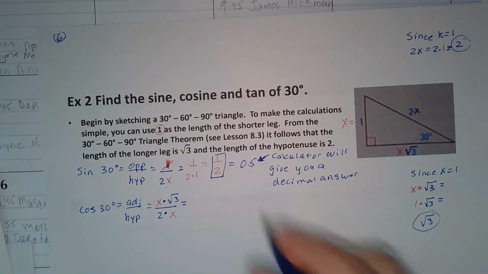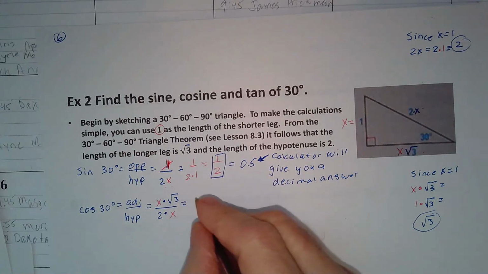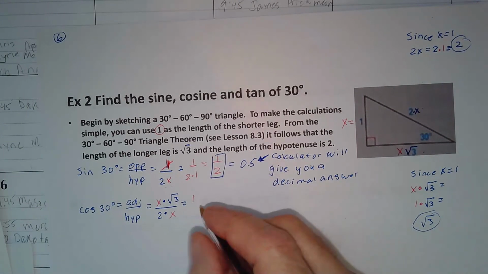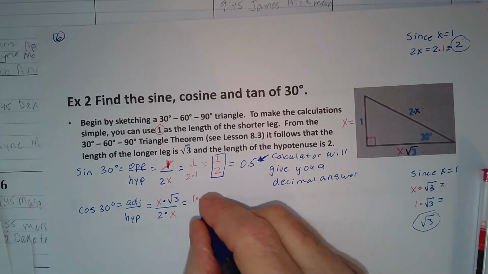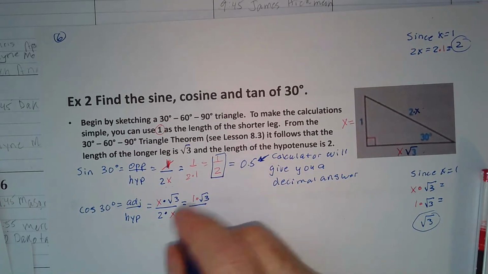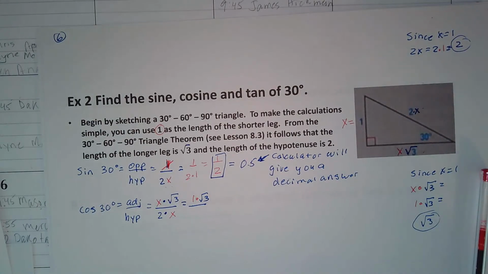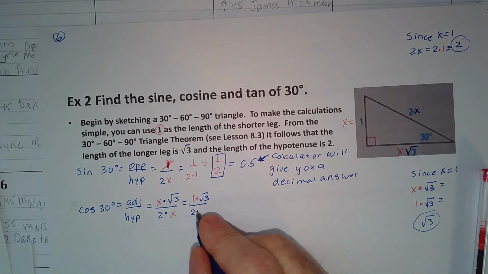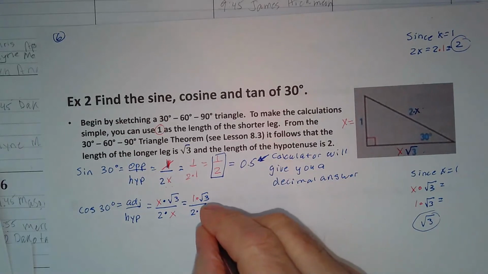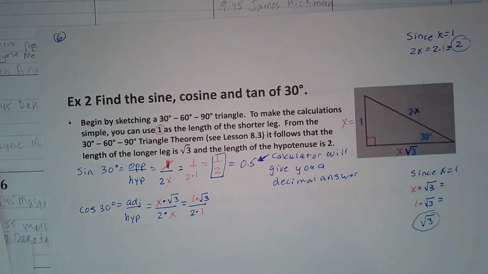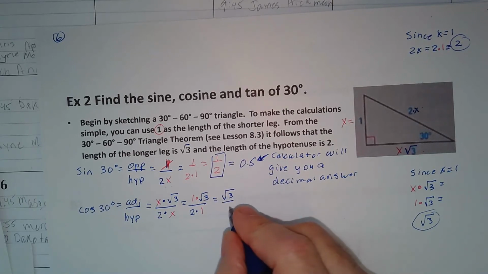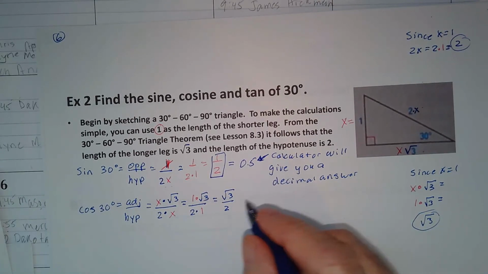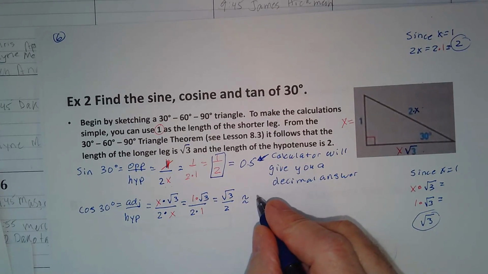So the numerator, substituting, is 1 times the square root of 3, divided by 2 times 1. That equals the square root of 3 over 2. And that's approximately 0.8660 on a calculator.